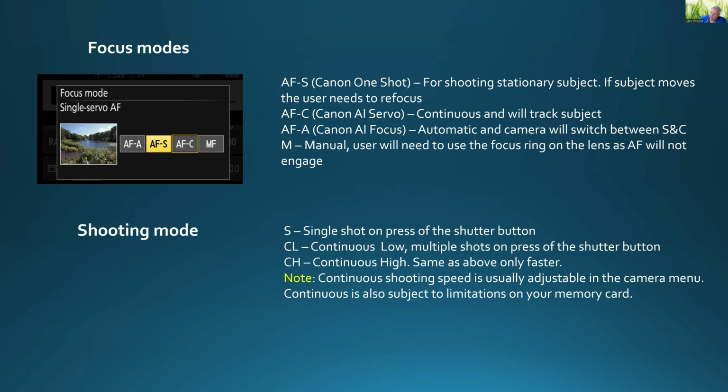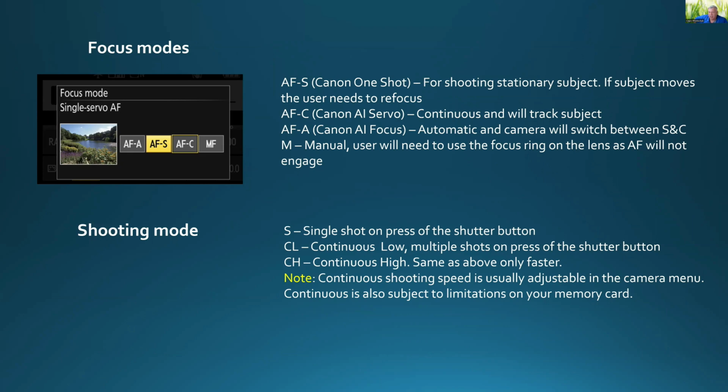So basically, my Fujis don't have an auto, they don't have the AFA. The AFS is something you use if you're just shooting a stationary object, so the S stands for stationary.